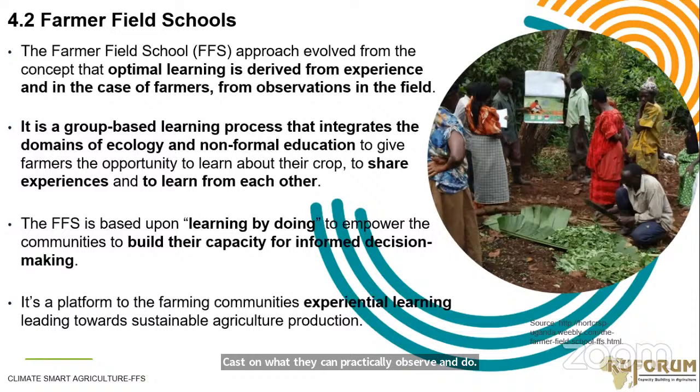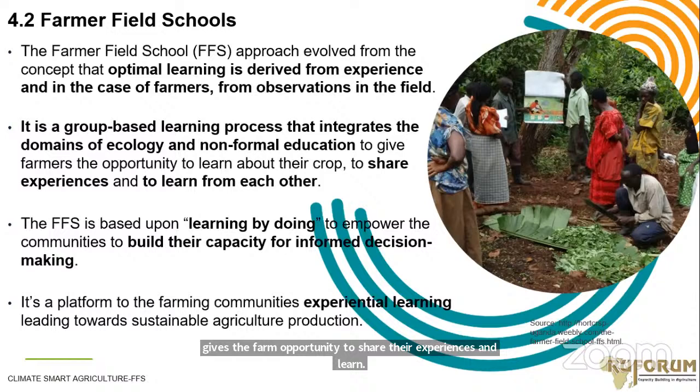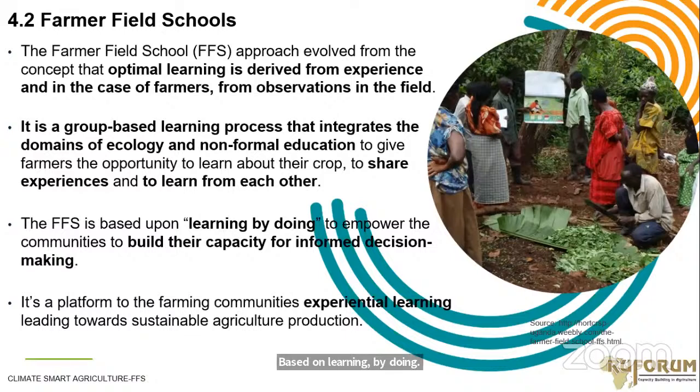So it is a group-based learning process that integrates the domain of ecology and non-formal education and gives the farmers the opportunity to share their experiences and learn from each other. So it's basically based on learning by doing, with the ultimate goal of building the capacity of farmers to make informed decisions.